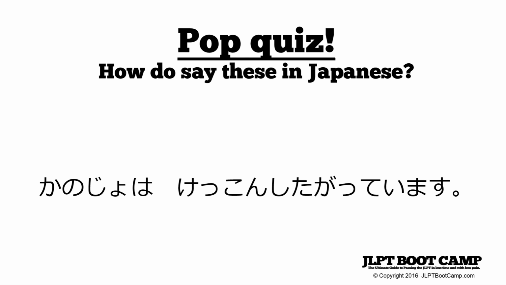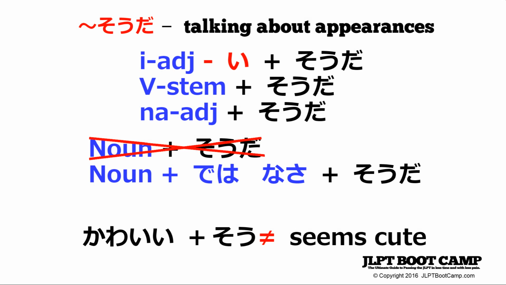So today we talked about a lot of different topics. We talked about souda, talking about appearances. You can use that with i-adjectives, verb stems, and na-adjectives, to talk about appearances, that it seems like something. And just remember that kawaisou does not mean seems cute. It means actually someone's pitiable or poor them.